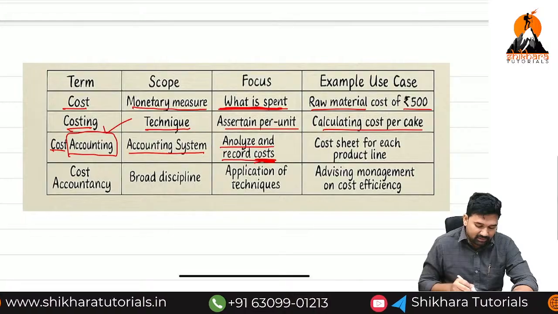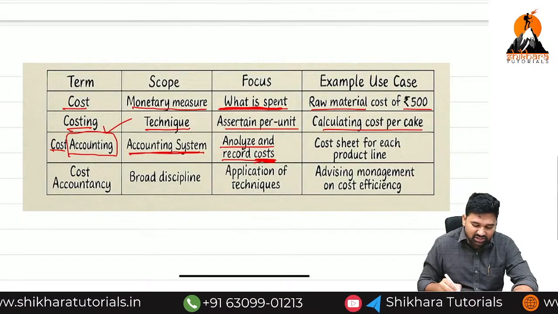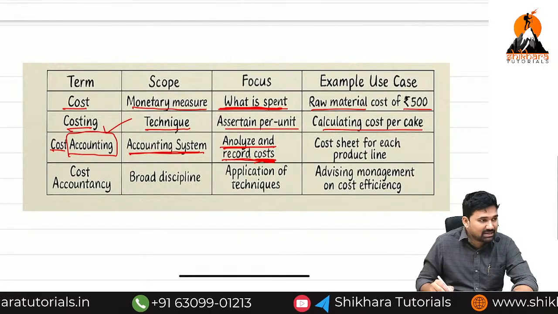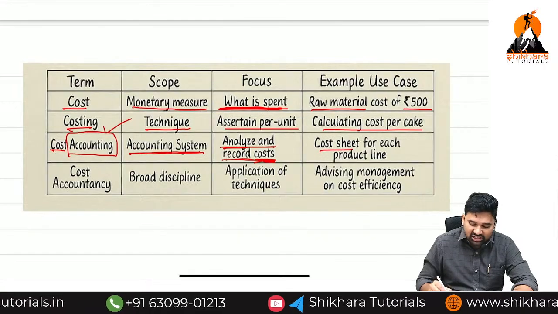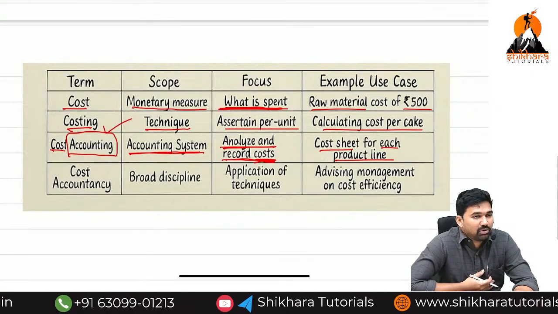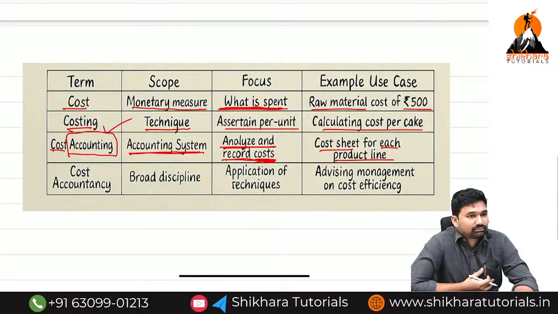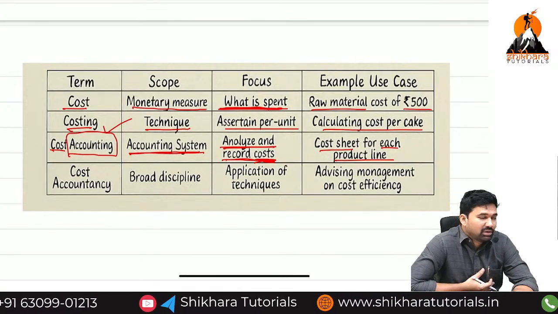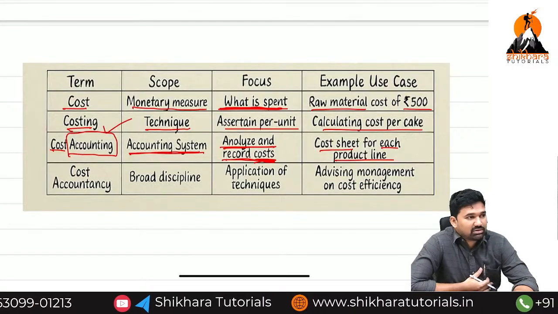Example, cost accounting is an accounting system. It will analyze and record costs. The main example of costing is the cost sheet for each product line. Tomorrow I am going to discuss the cost sheet. At foundation level, you have already learned what a cost sheet is.